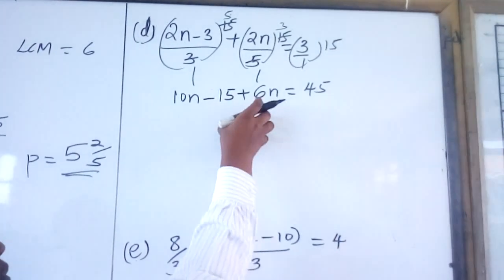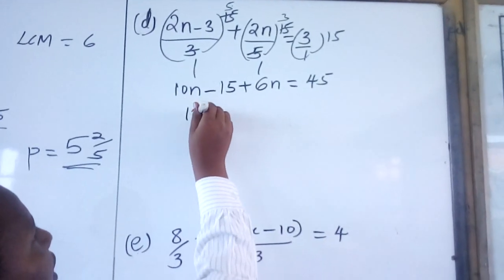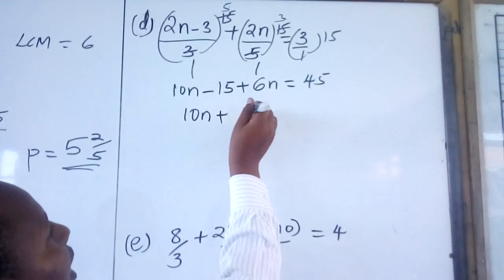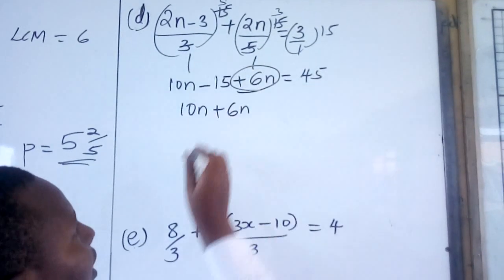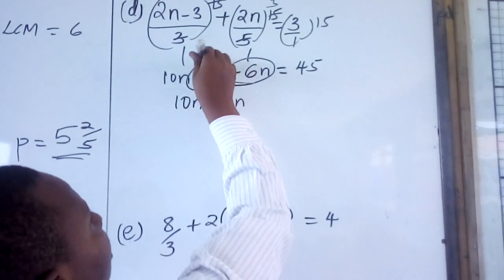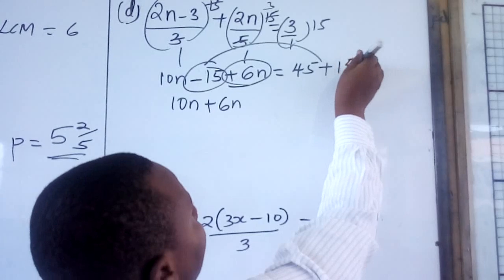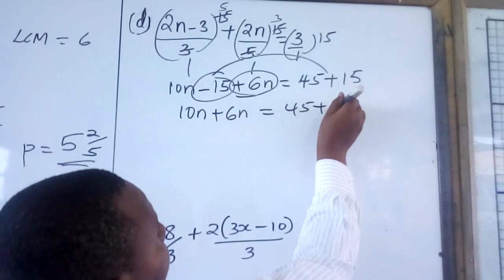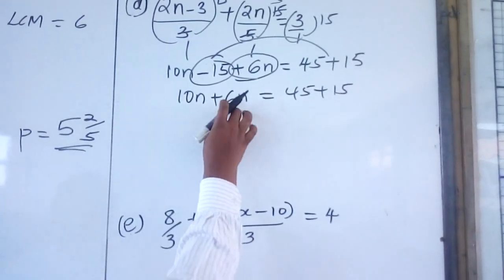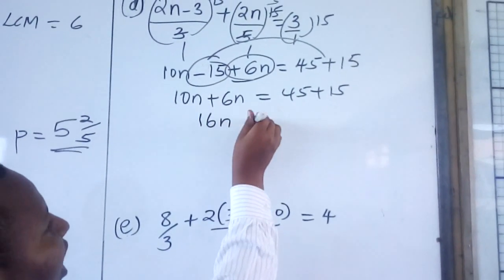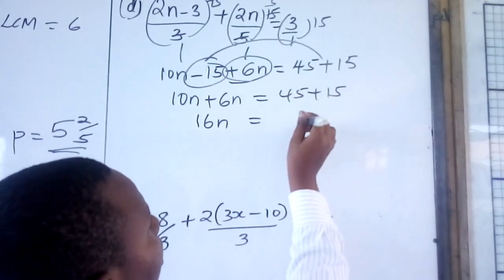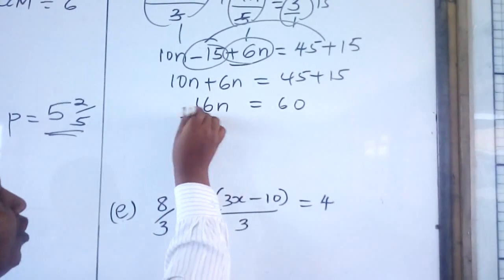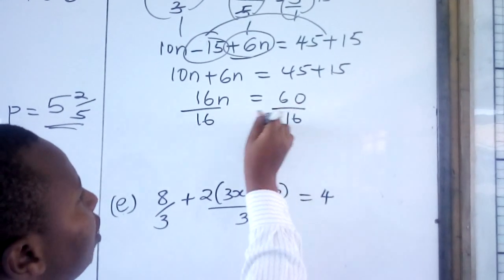Then from there, you'll be left with the n terms, which are 10n plus 6n. Note the sign is plus 6. Then this negative 15, you take it to the other side to be plus 15. So you get 45 plus 15 on the other side. Add this to get 16n is equal to 60. Then you divide by 16.